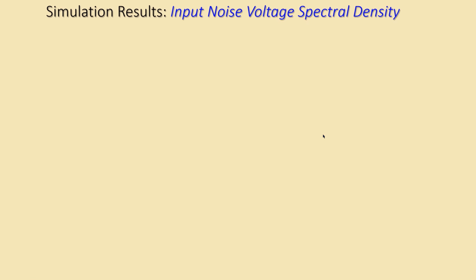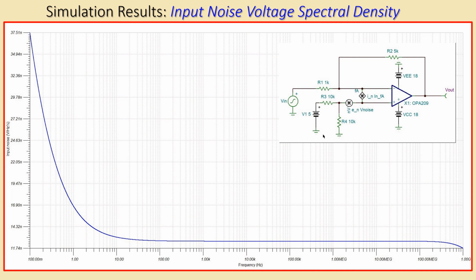So let's also look at the input noise voltage spectral density. This is done in this plot. You will again recognize the first part, which is the 1 over f noise part, which is dependent on the frequency, and the second part, which is independent of the frequency. So you can see this will stay at a value no matter what you do with the frequency, and this part will definitely change due to the frequency.